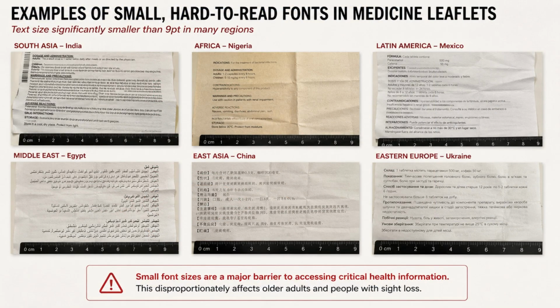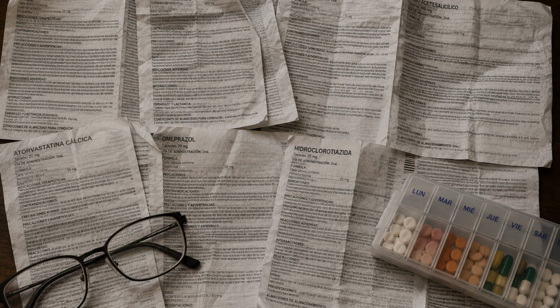Another prevalent issue is the use of small, hard-to-read fonts, which pose a significant barrier to older adults or those with sight loss. This can be the single most important obstacle for people with sight loss to access critical information such as dosage instructions or safety precautions. This issue particularly affects patients with chronic conditions who need to take multiple medications and rely on clear guidance to avoid harmful interactions.